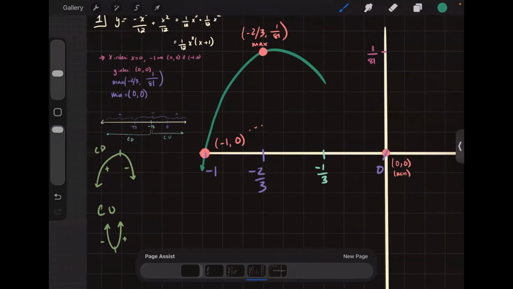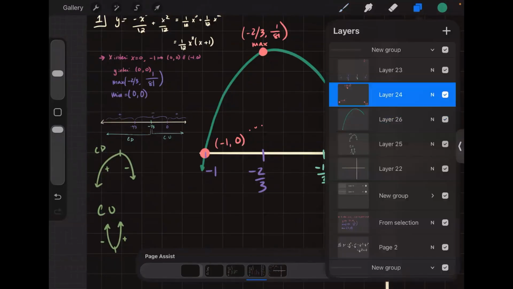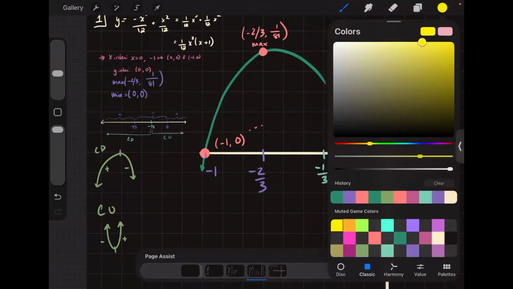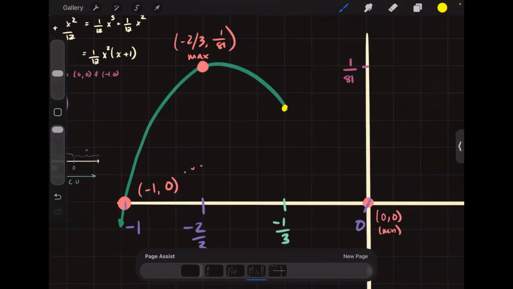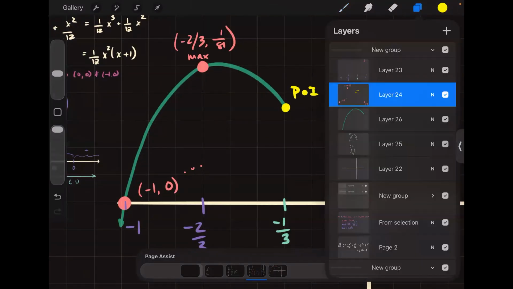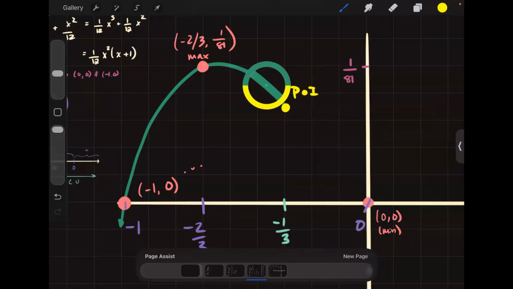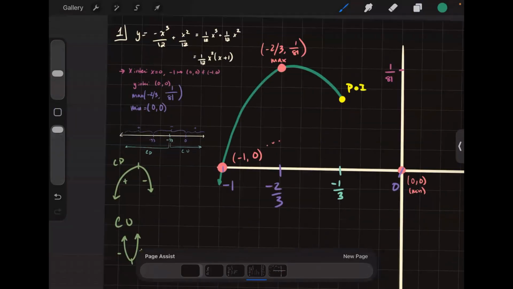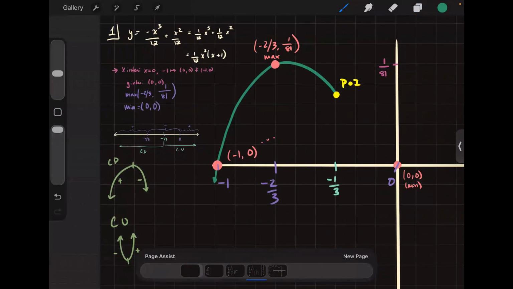Okay? If you'd like, you're welcome to mark it as the point of inflection, right? In fact, I recommend you do. And you can get the y value too if you want. I don't mind. And then from -1/3 to 0 is concave up, decreasing.